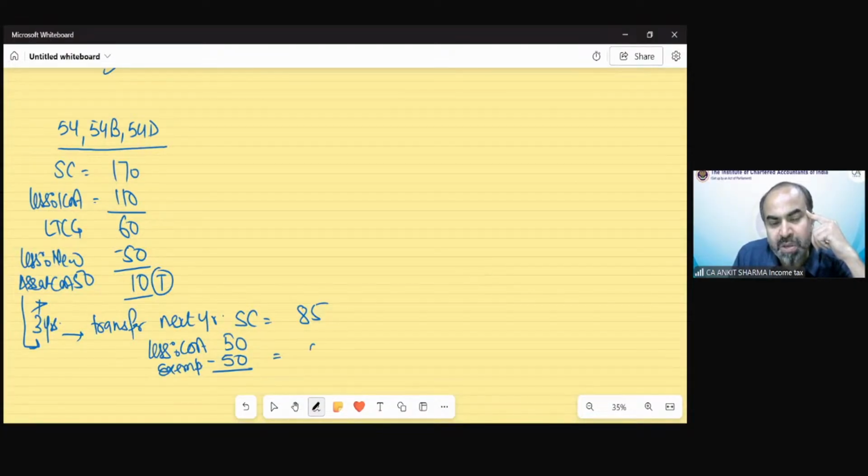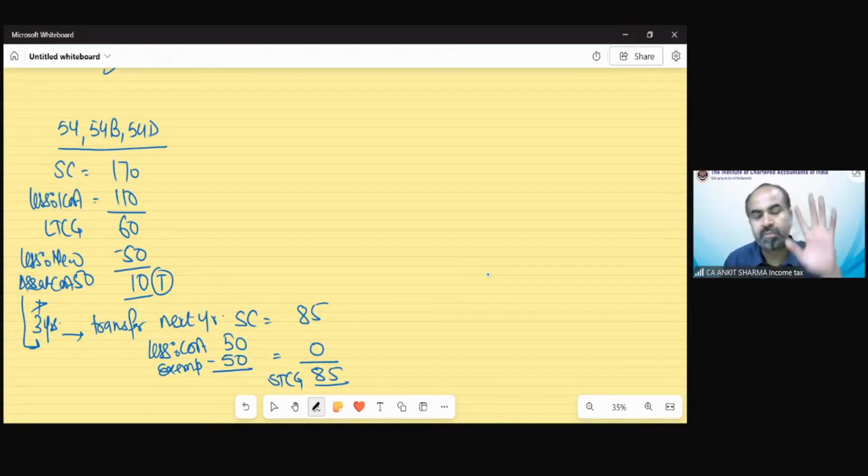So the cost would be 0 and the remaining 85 lakh would be your short-term capital gain. We have seen this example. What was happening actually is that you reduce your capital gain by claiming exemption, and because you violate the provision, we are reducing your cost. So as a result, the capital gain would be increased by 50 lakh. So there would be an equal effect.